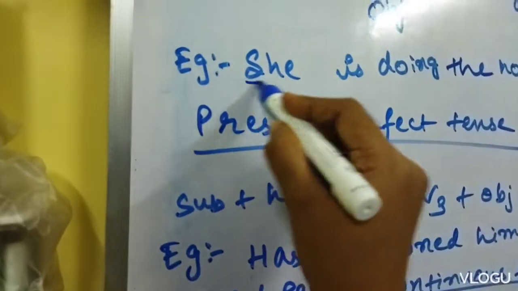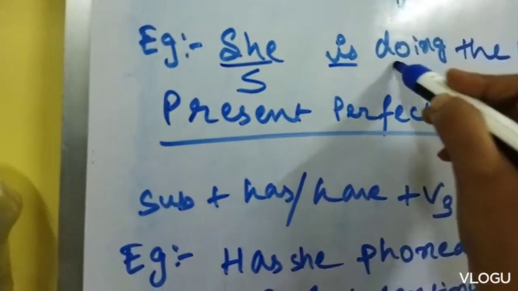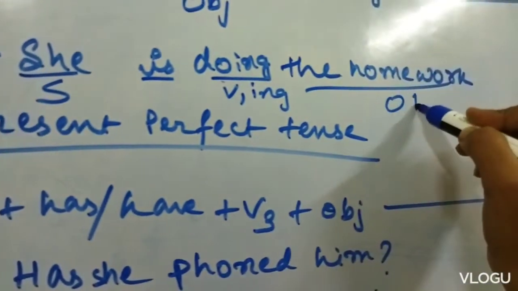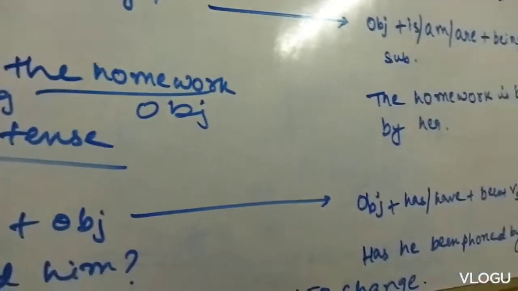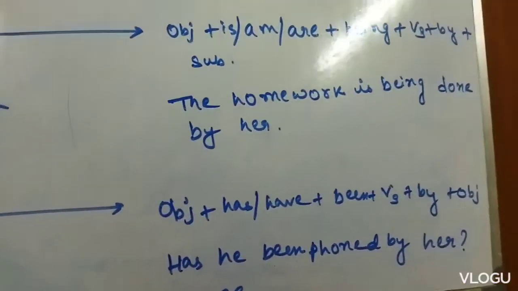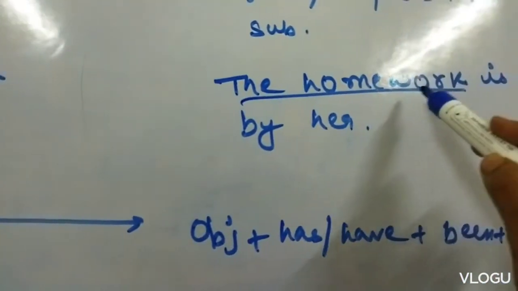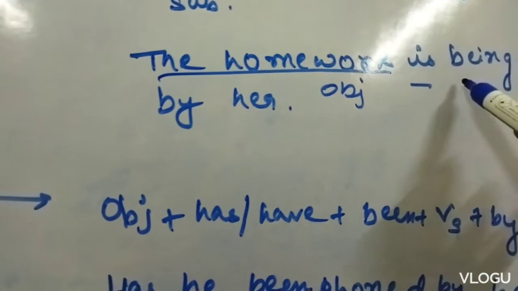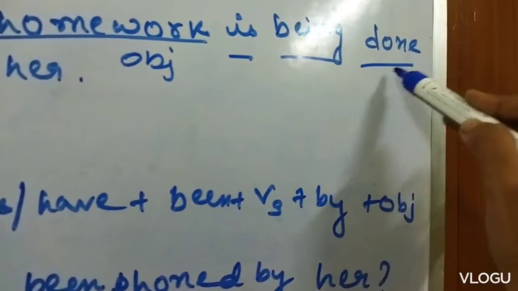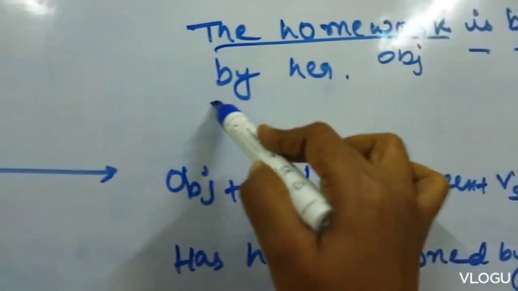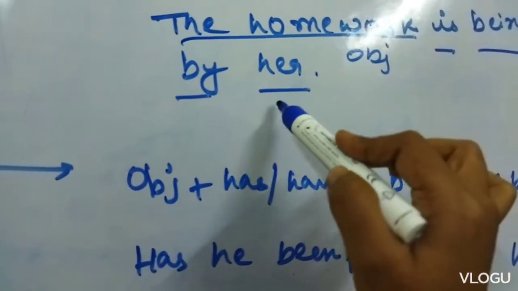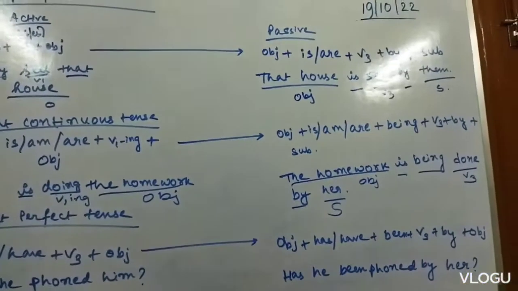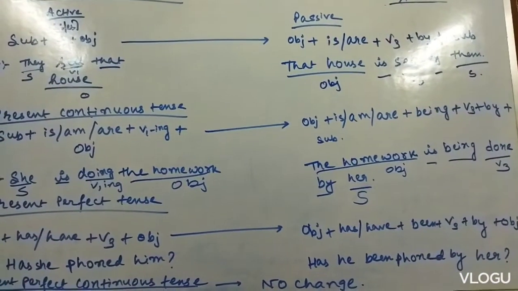So this was our subject, is, V1 ing, and this was our object. And when we change it into passive voice, the homework becomes our object, comes at first, is, then being, then V3 form, and by, and then she becomes her, our subject. This is our present continuous tense.